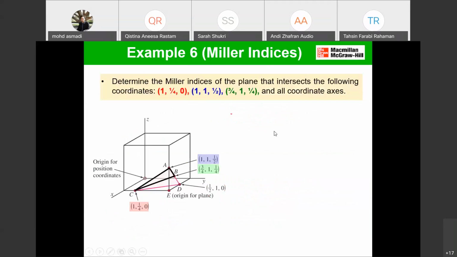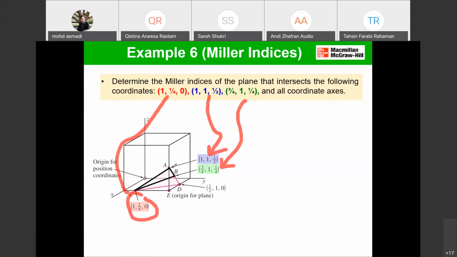Okay, look at here, example 6. Another example: determine the Miller indices of the plane that intersects three given coordinates. Look at here, this is the first coordinate, 1 1 4 0, then the second coordinate, as well as the third coordinate.